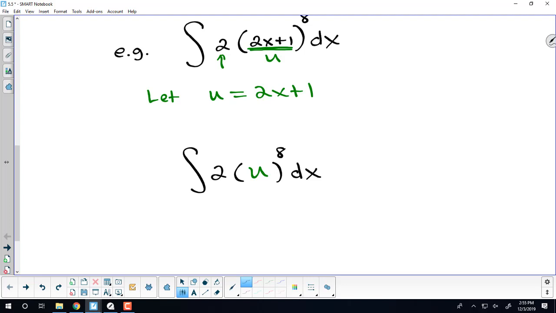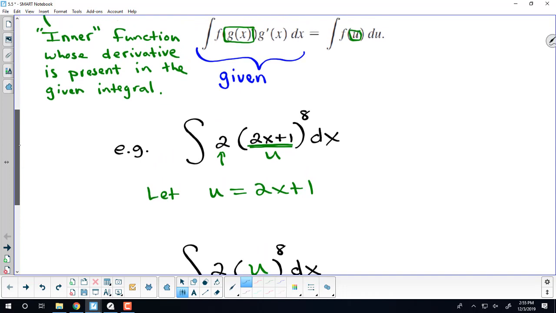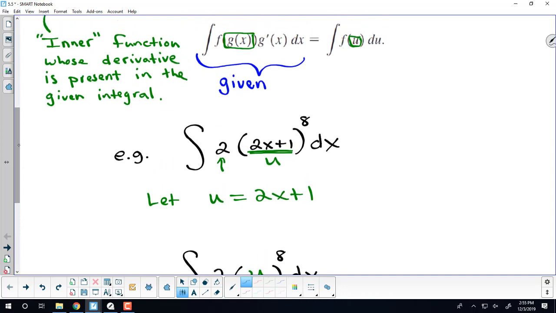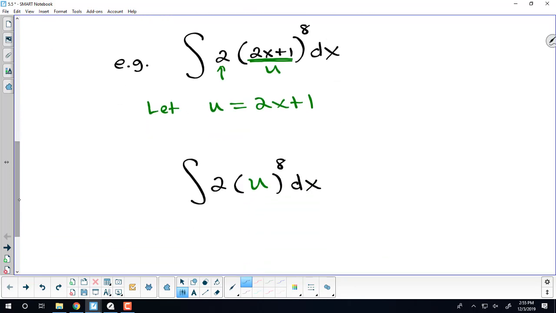If we're making a substitution, u or w or whatever, you have to change the integral with respect to that particular variable. So if we just stopped there and tried to integrate this, it's not going to do anything for us.